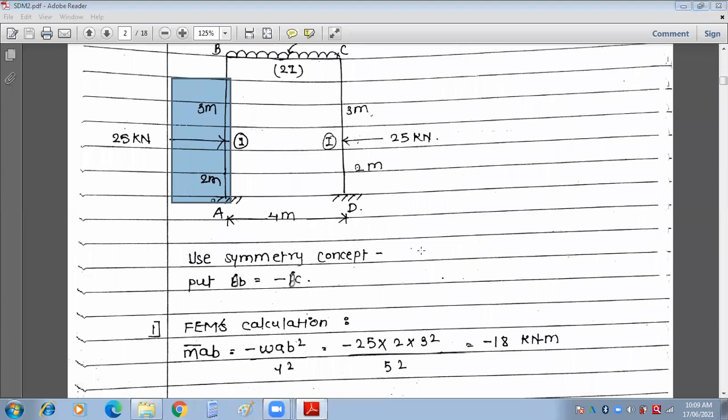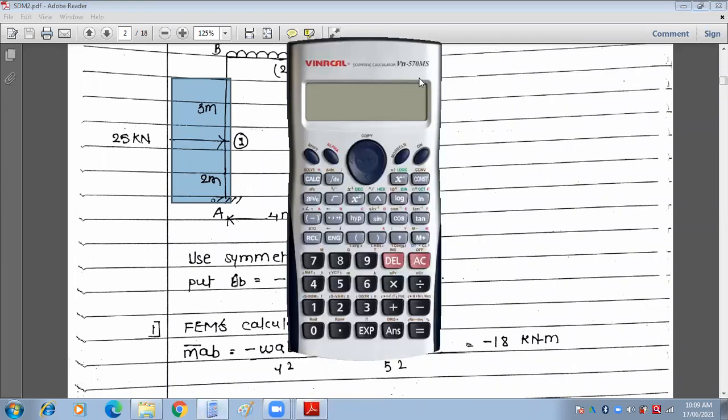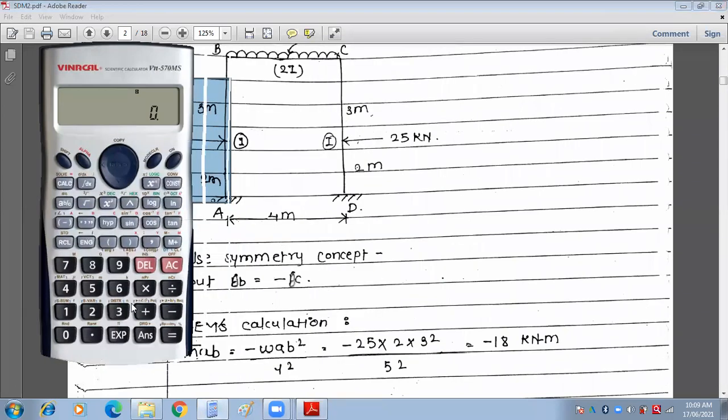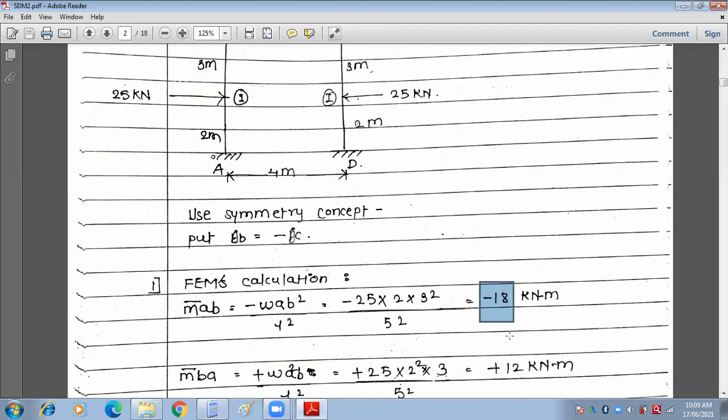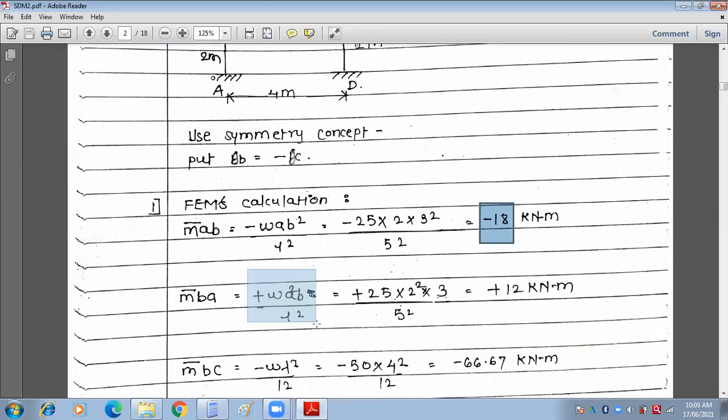Now let us simplify this term and you will get the moment at AB. 25 into 2 into 3 square divided by 5 square. If you solve this, you will get 18 kilonewton meter. This is the fixed end moment at AB. Similarly for BA, this value is W a square b upon L square.